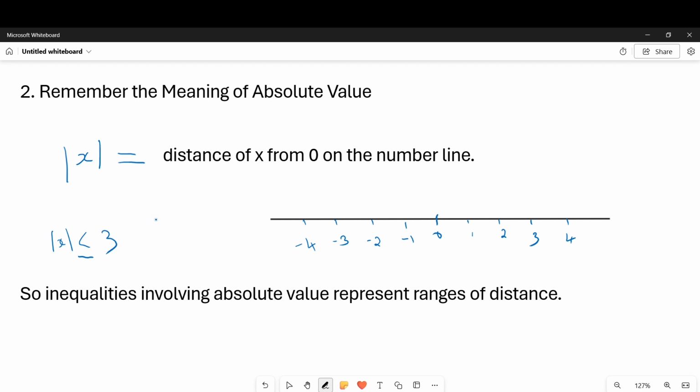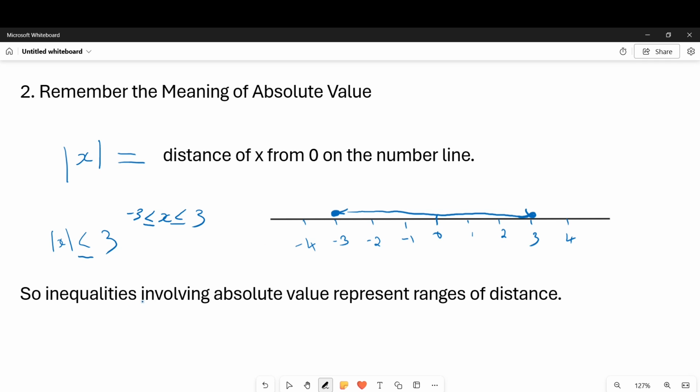We already know that x lies between minus 3 and 3. I will draw this on the number line, with closed circles at both 3 and minus 3 because they are included. So this is the range of this absolute value inequality.